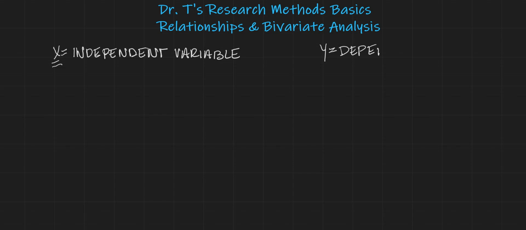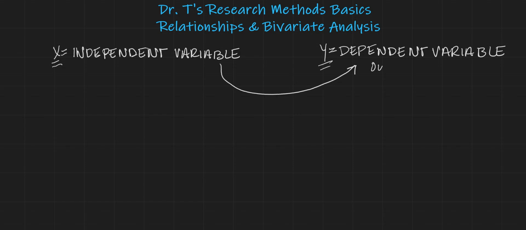Our dependent variable you can also think of as really the outcome variable. This is the variable that we are most interested in understanding, and often it's because we want to know how our independent variable affects the dependent or outcome variable.